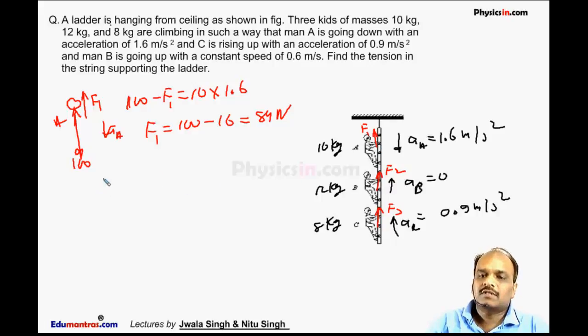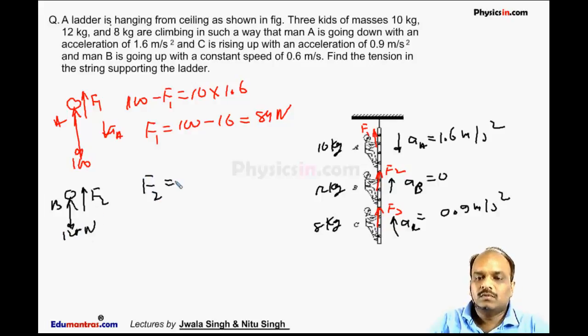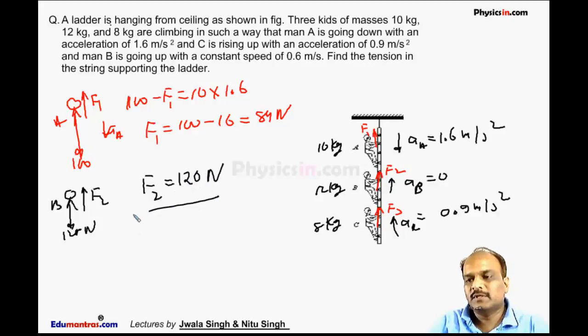In the same way this kid B is always going with a constant speed. So the force F2 is equal to its weight, 120 Newton. This is the force exerted by kid B. And in the same way this kid C is going upward with an acceleration of 0.9.